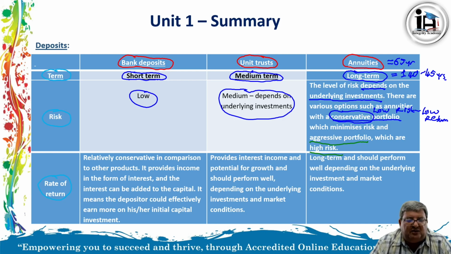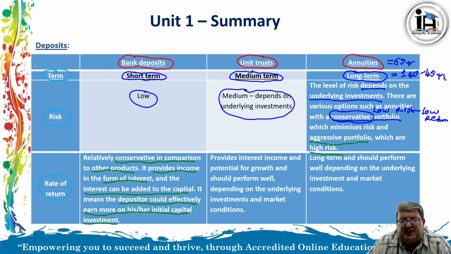Then when you look at bank deposits again, here the last one, rate of return, relatively conservative in comparison to other products. It provides income in the form of interest, and the interest can be added to the capital. It means a depositor could effectively earn more money on his or her initial investment.